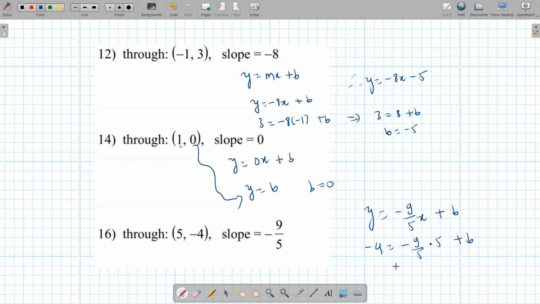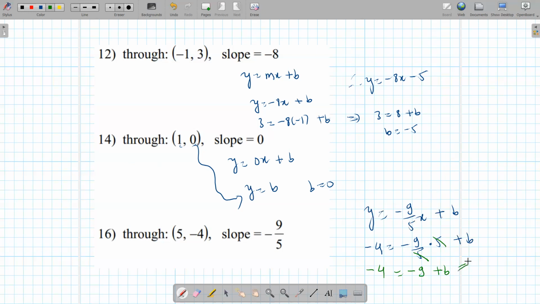Do you have to turn it into a fraction? No, you don't. When you're multiplying, you don't. It's only when you're adding or subtracting. See, this 5 cancels out. So -9/5 times 5 is just -9.